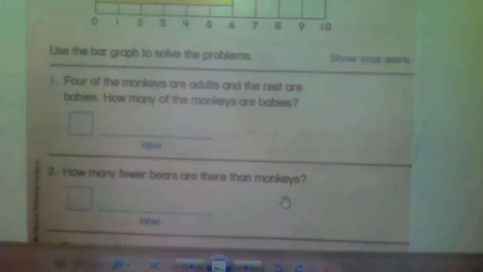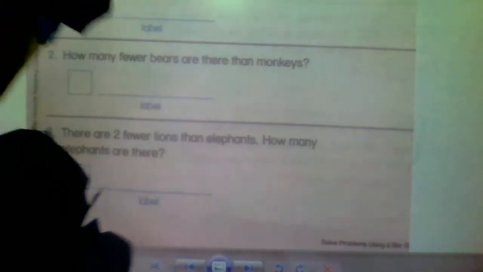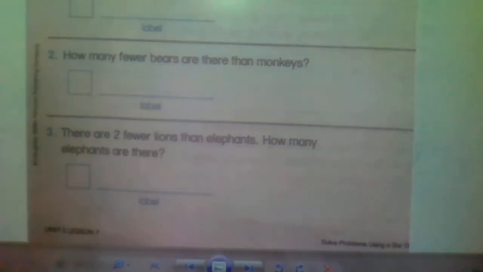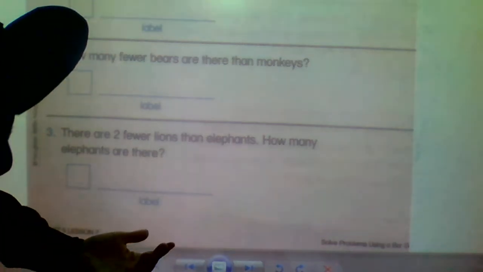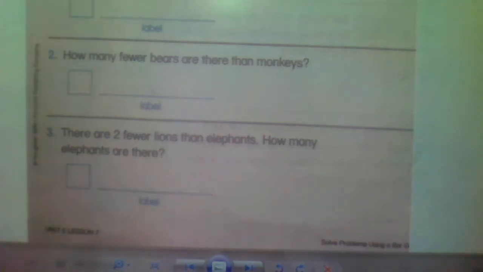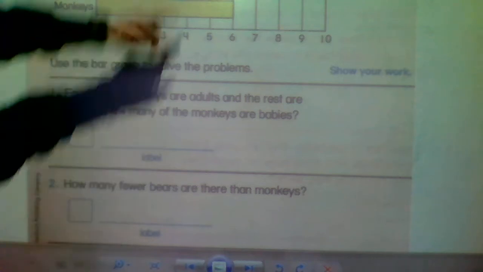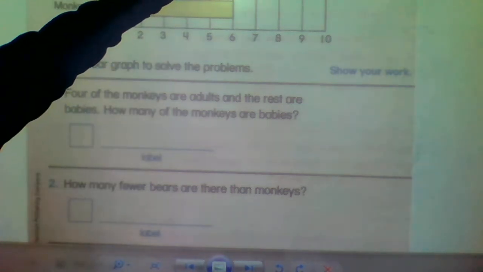So this says, can we see that? Yes. There are 2 fewer lions than elephants. How many elephants are there? So you need to look, if there's 2 fewer lions than elephants, when we scroll down, we know we have 5 lions.